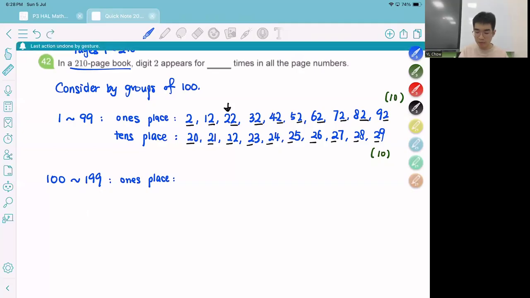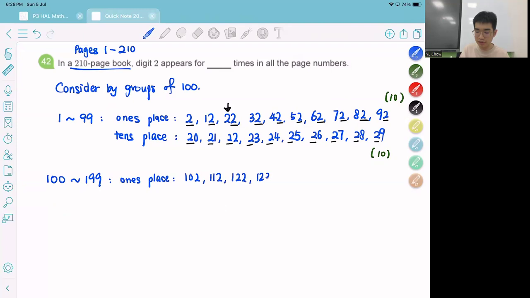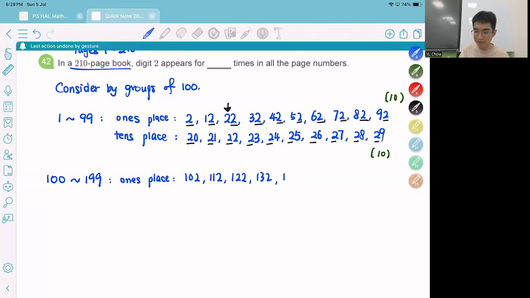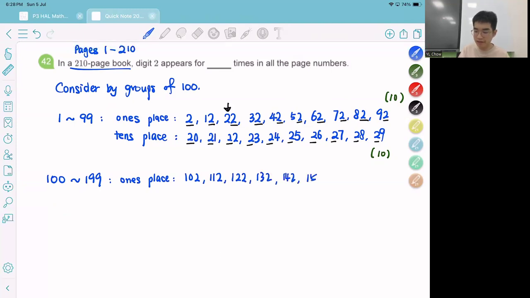So it will start from 102, 112, 122, 132, 142, 152, 162, 172, 182, 192. Perhaps you might already see the pattern. Yes, 2 appears 10 times in the ones place.